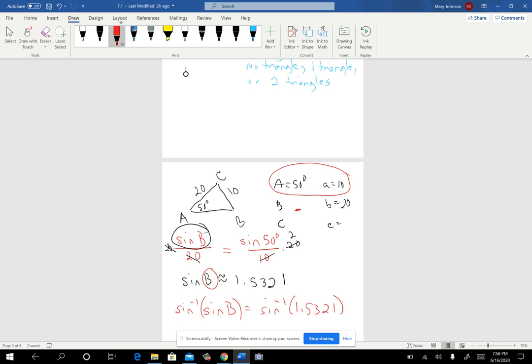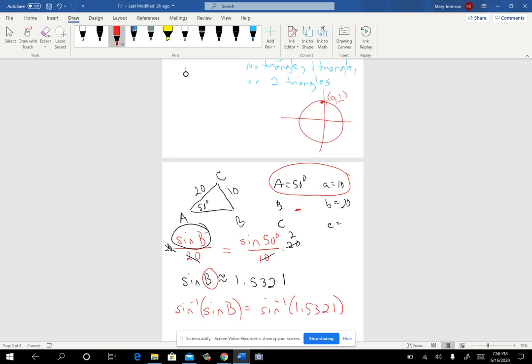If you think about the unit circle, your sine values never get to be more than 1. This is the spot that has the biggest sine, and that ordered pair is 0, 1, and the sine never goes above 1. That's also true for cosine.